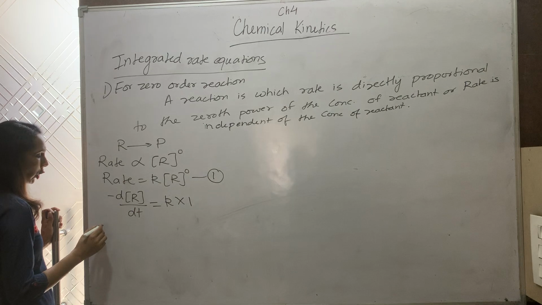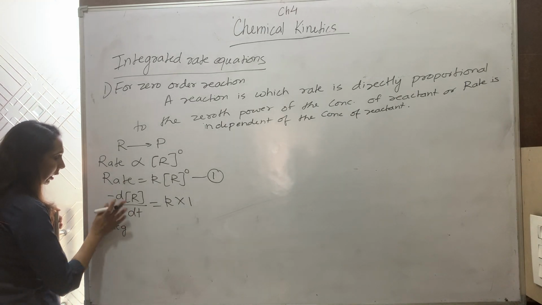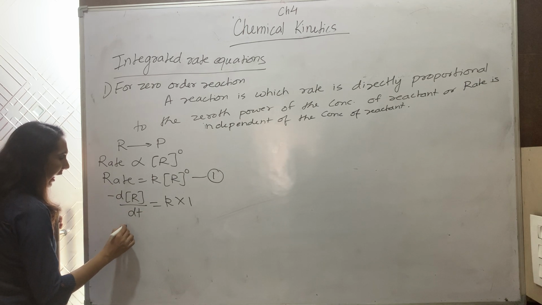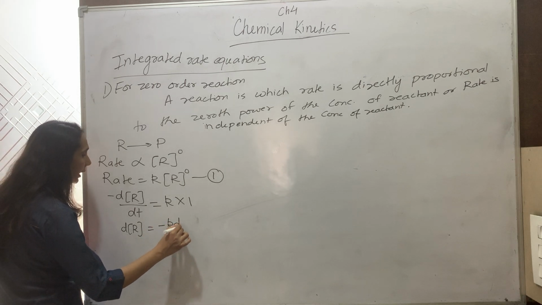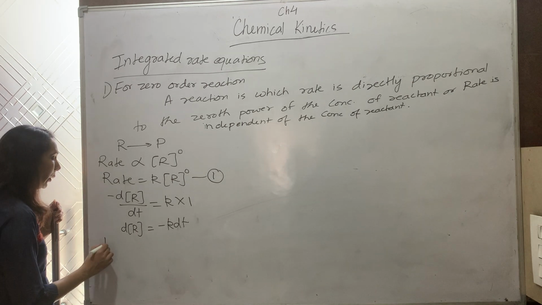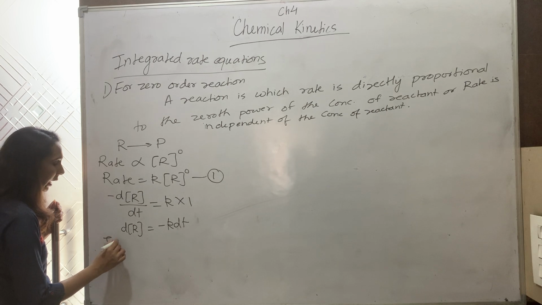Now, for this reaction, I am rearranging this equation first. I can write it as dR, take the negative sign here and dt this side. So dR is equal to minus k dt. Now we are integrating both the sides.